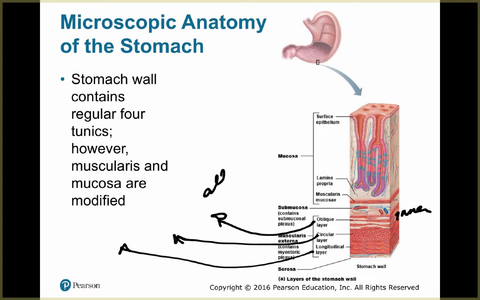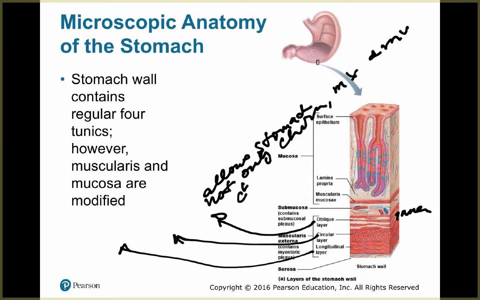This allows the stomach to not only churn, mix, and move chyme, but it also allows it to pummel it.